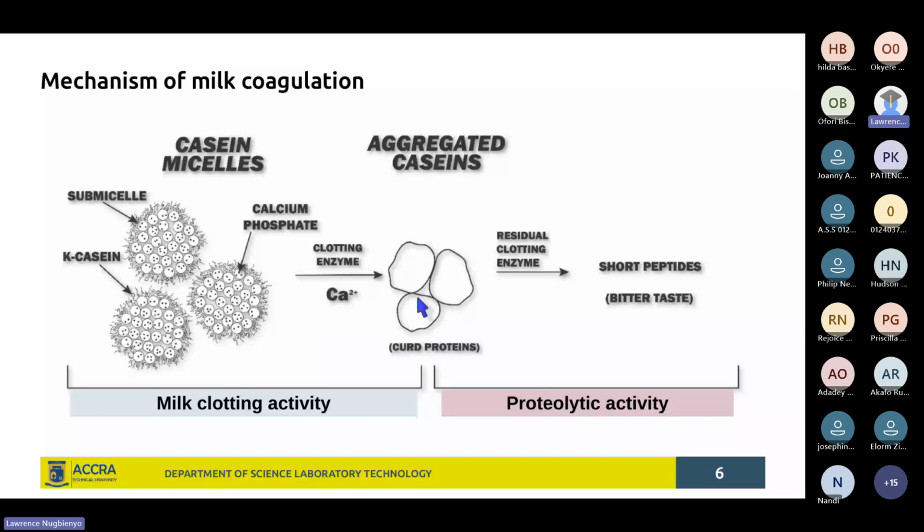So then you have these curds of the milk settling at the bottom, and you have the liquid part at the top of it, which is what you refer to as the whey. So you can separate that solid part which has settled down, which is these casein aggregates, and that solid can then be processed into cheese.